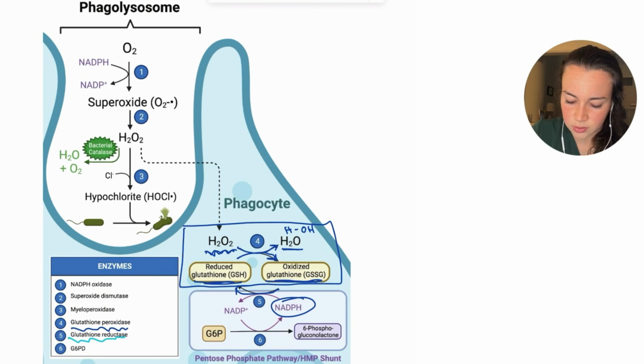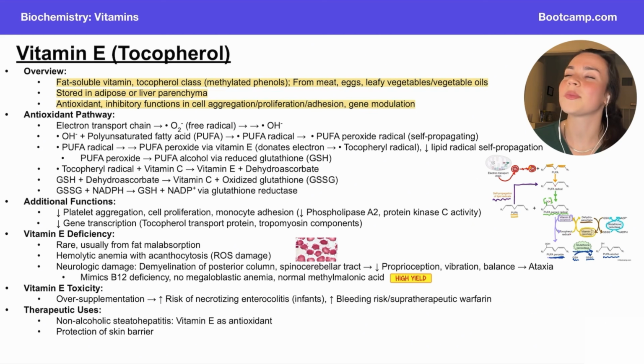Enzyme 5 over here was glutathione reductase, which replenished reduced glutathione from oxidized glutathione, requiring NADPH that came from the pentose phosphate pathway. I told you guys this chapter would be a walk down memory lane of all of the pathways that we have grown to know and love throughout the biochemistry unit.